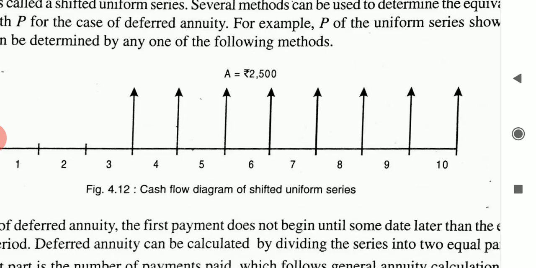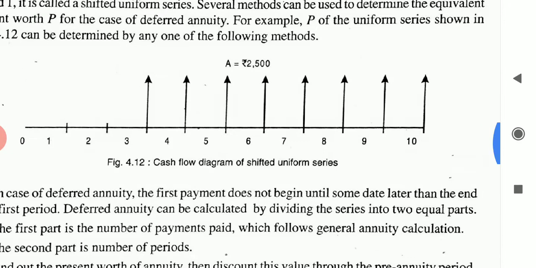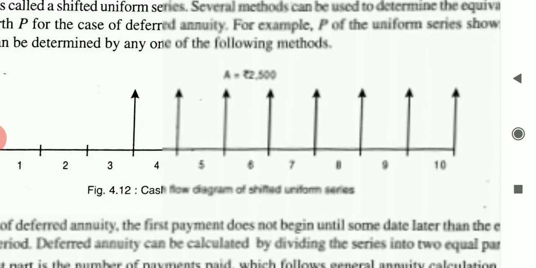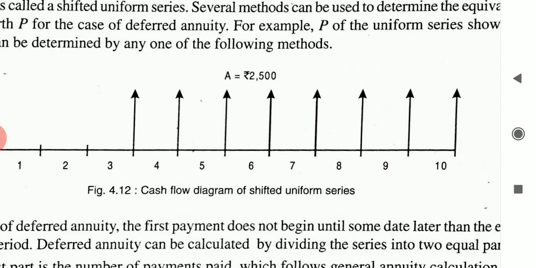For example, the P of the uniform series is shown in the figure. See here, the deferred annuity can be calculated by dividing the series into two parts. The first part is the number of payments paid, which follows the general annuity calculation.